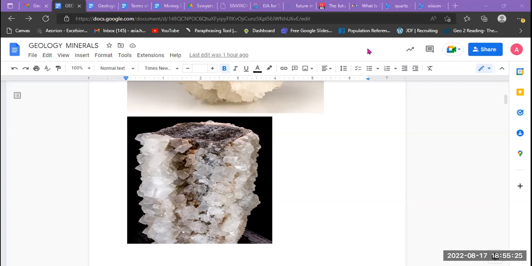Sometimes they use halite, right? So it has that sort of salty property, and it is, as I said before, used in the food industry as food preservation. This is what they also call rock salt.